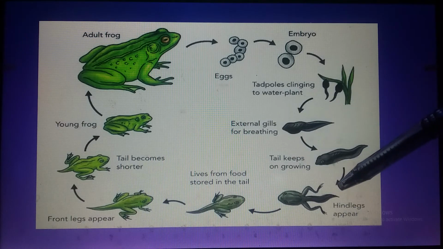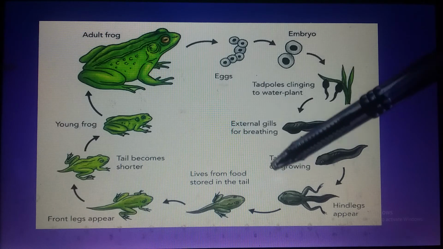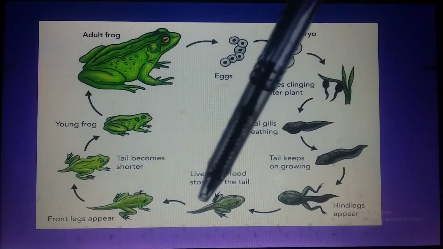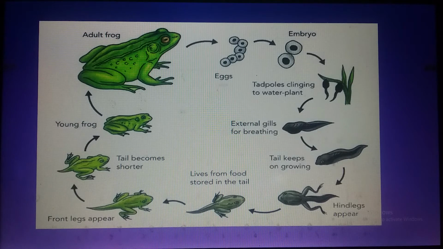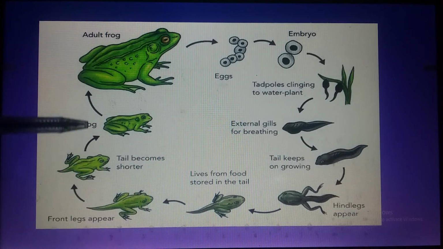Now you can see here this tadpole develops legs, and with the passage of time, what will happen? The tail of the tadpole disappears, and when it becomes an adult, the tail totally disappears, and the tadpole now becomes the adult with forelimbs and hind limbs.